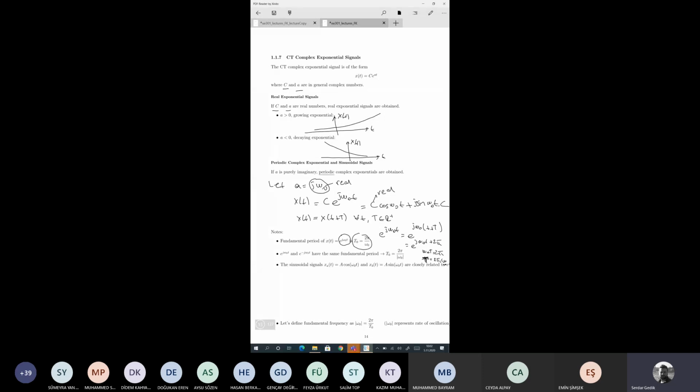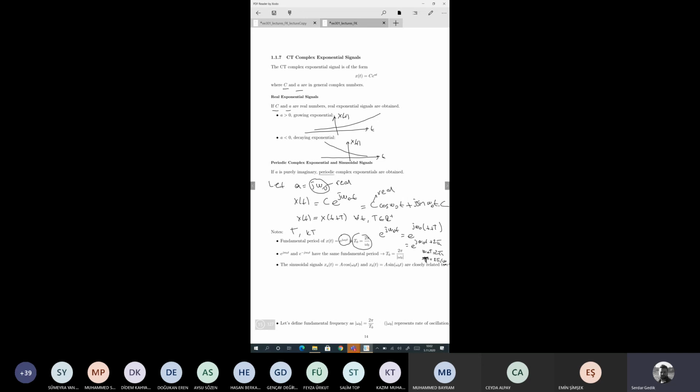Well, e to the power j omega 0 t and e to the power minus j omega 0 t have the same fundamental period. Remember the fundamental period concept? If a signal is periodic with T, it is periodic with any integer multiple of T, right?